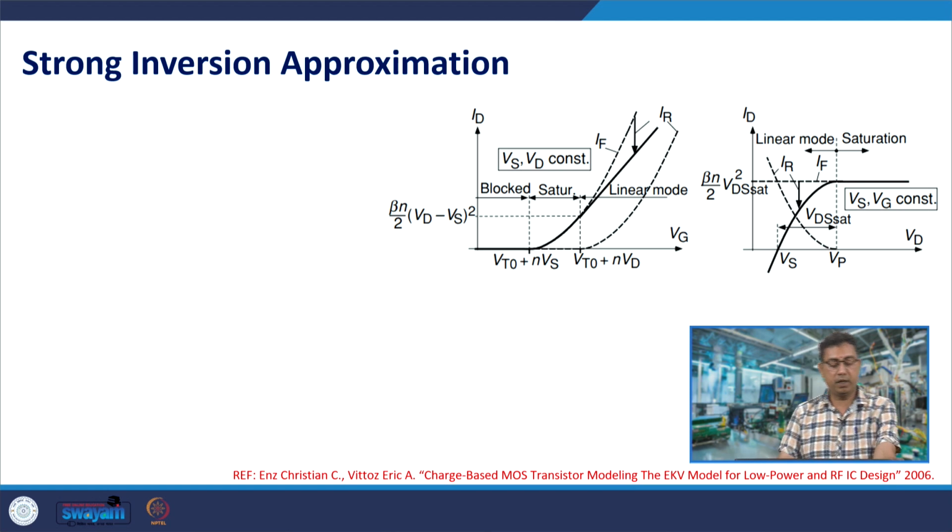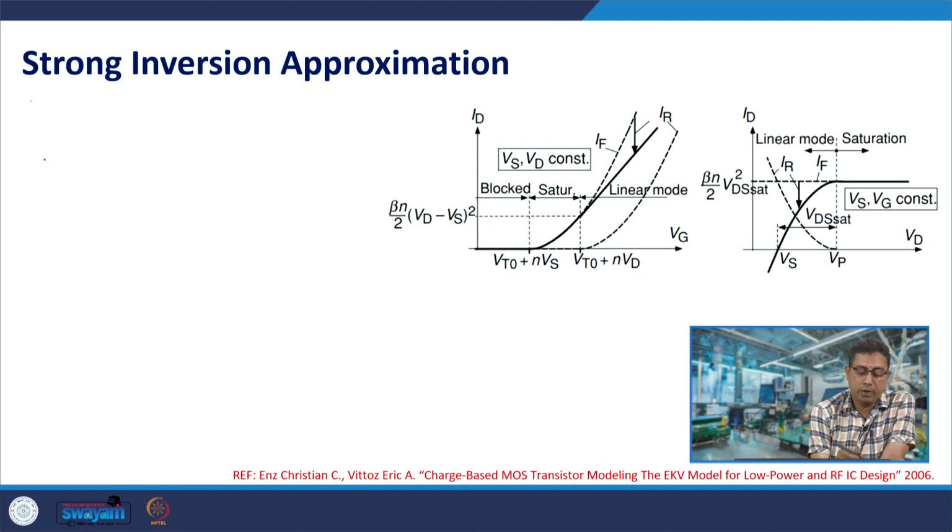Now, let us derive the expressions for the current in the linear regime of operation and the current in the saturation regime of operation. With respect to local channel potential, we have derived this where we used the strong inversion approximation. So, Vg minus Vto divided by n is equal to Vp.